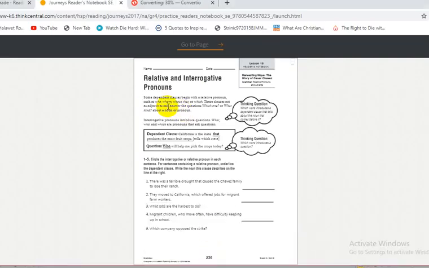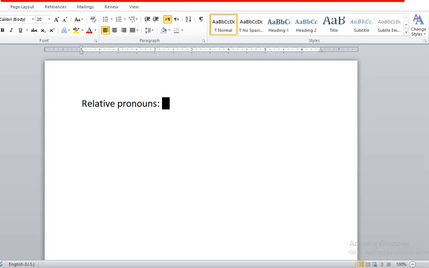We have who, whom, whose, that, or which. So let's write them down. Who, whom, whose, and that, and which, right? Okay, let's see our interrogative pronouns.